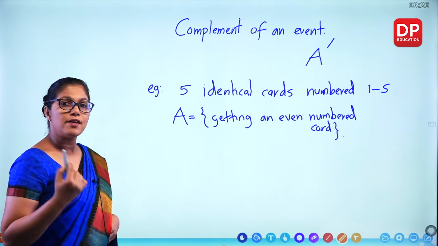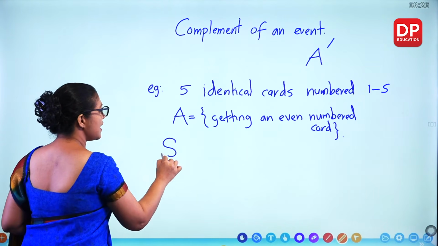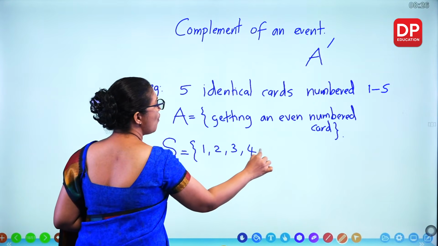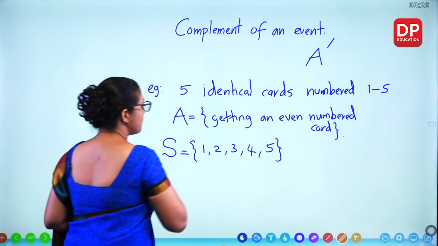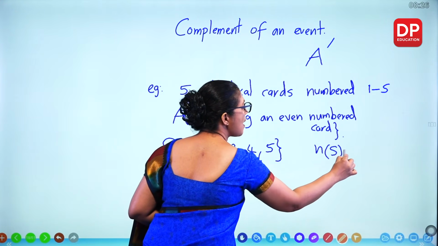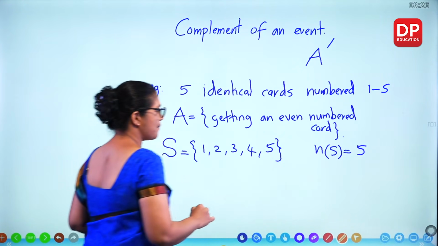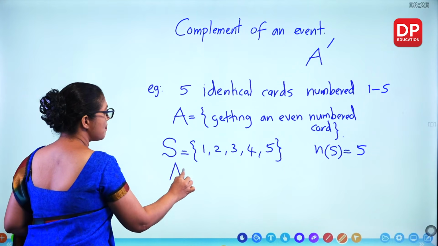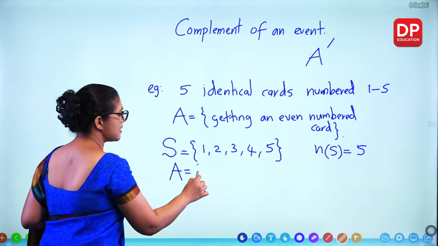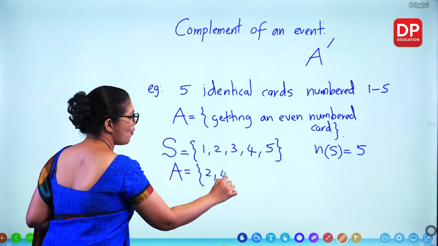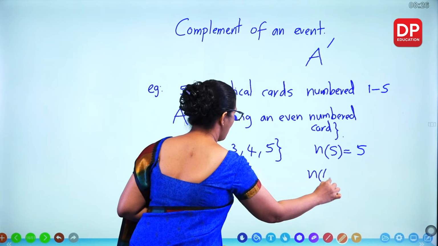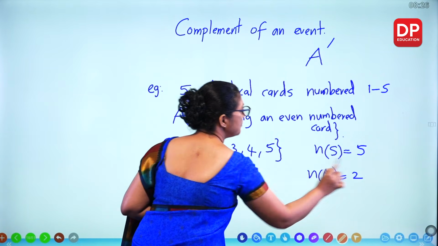Okay, so we'll write down the sample space. S is 1, 2, 3, 4, 5. Then what is N(S)? Number of elements in the sample space. You get 5. Now A is denoted by getting an even number. What are the even numbers you can get? 2, 4. So what is N(A)? Only 2 outcomes are there.